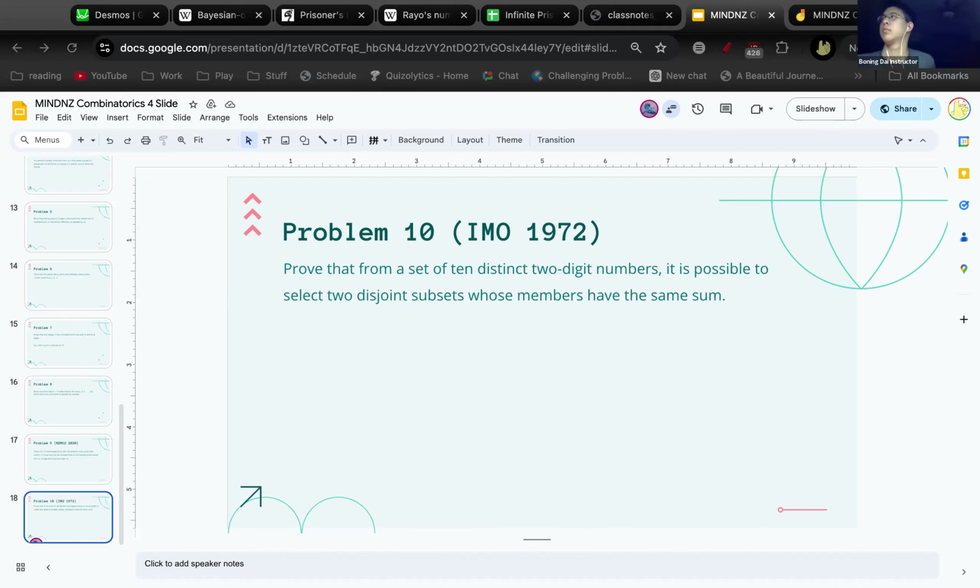If we include the empty set, you can also have 0. It doesn't really matter. The important thing is that the total number of possible sums is less than the total number of subsets, 1,024.